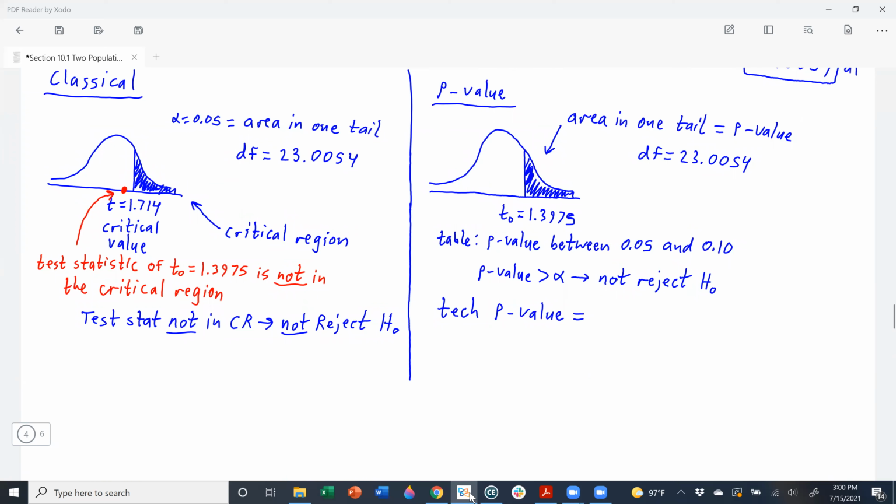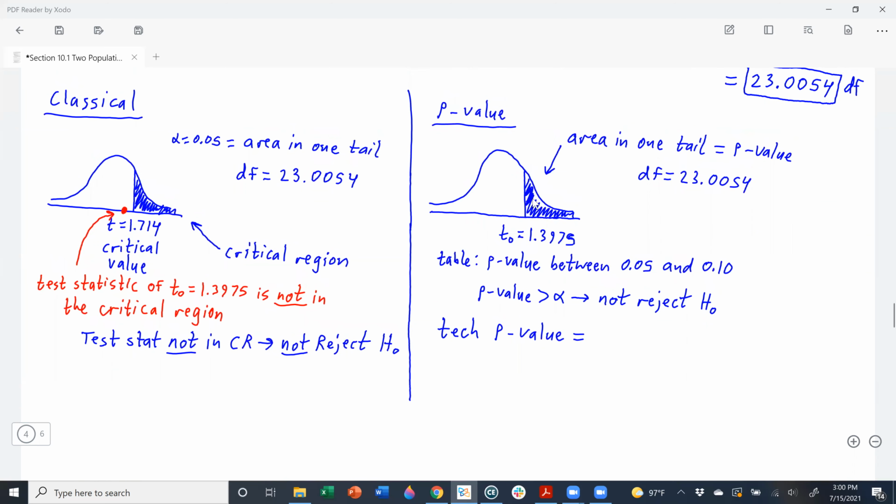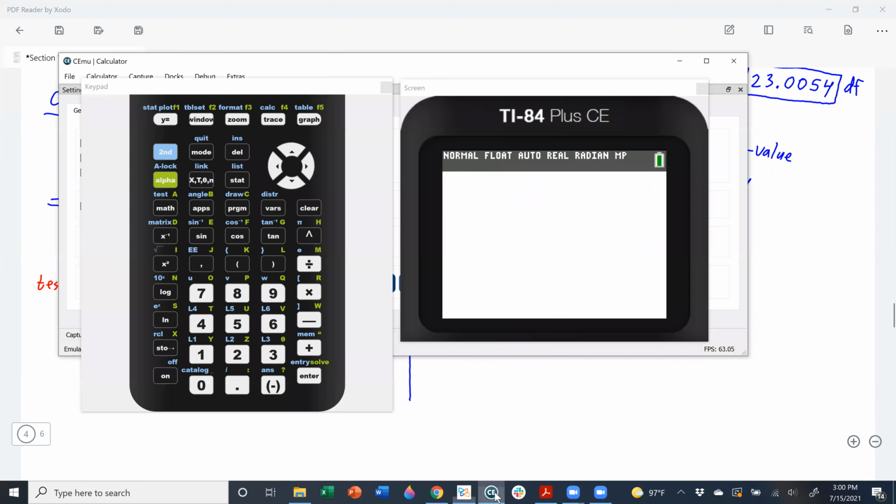Okay, but for tech, this is important, the tech p-value equals. Okay, so let's find that tech p-value, and so I'll do it in a couple of different ways. I'll use the graphing calculator first, and then I'll use the online p-value calculator. Okay, so for the tech p-value, we just want to get the area to the right with this t-score as the lower bound. Okay, so if you recall, let's go to the calculator, and we want the distributions here.